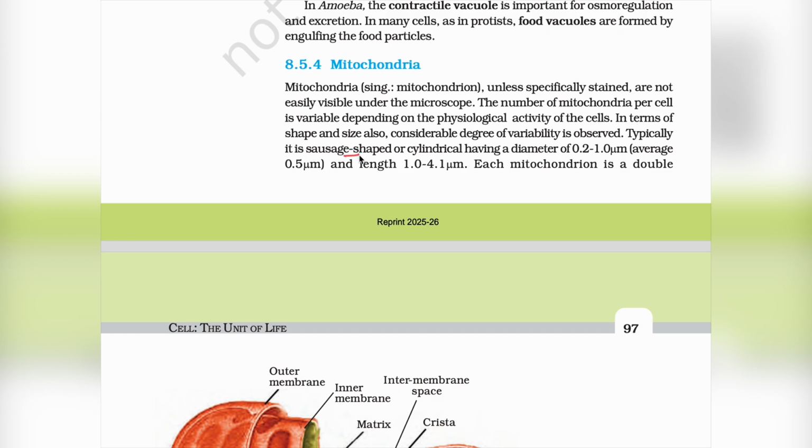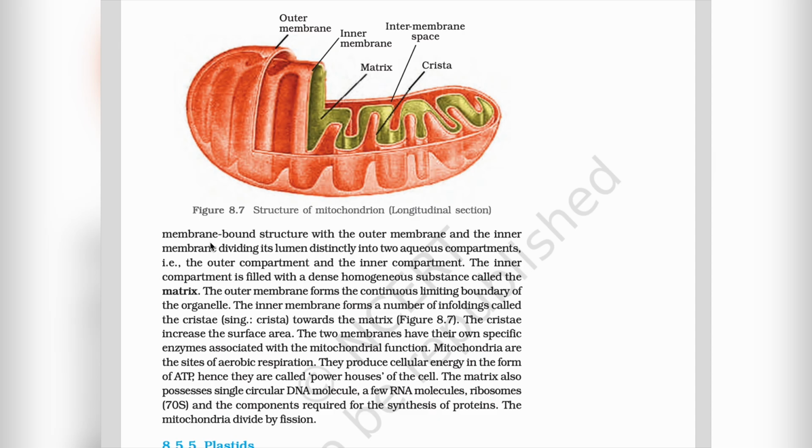Typically, it is sausage shaped or cylindrical, having a diameter of 0.2 to 1 micrometer, average 0.5 micrometer, and length 1.0 to 4.1 micrometer.